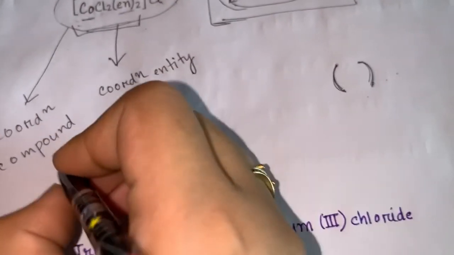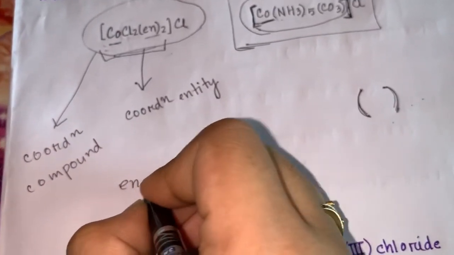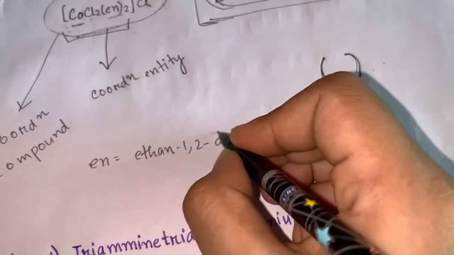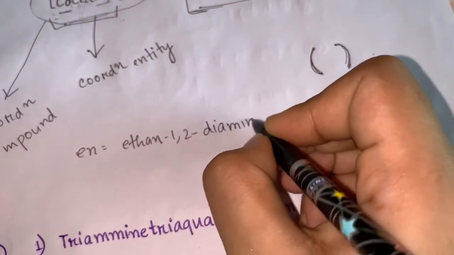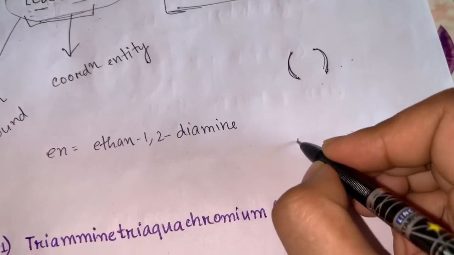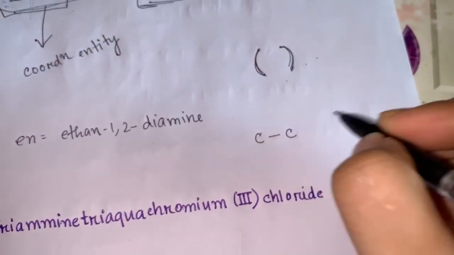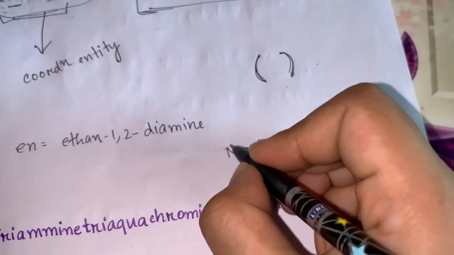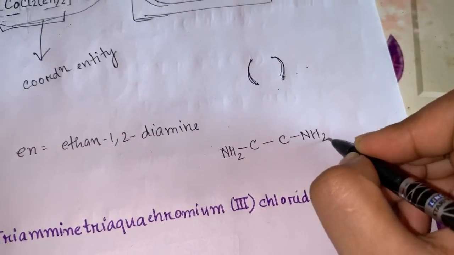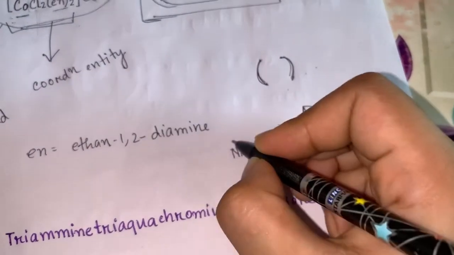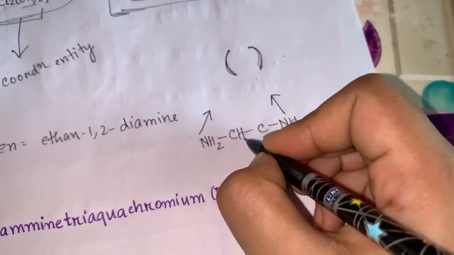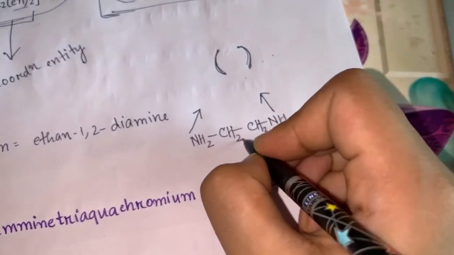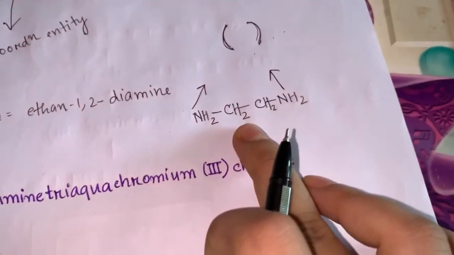This is a bidentate ligand, that is ethane 1,2 diamine, and it looks something like this. So this is how ethane 1,2 diamine looks.